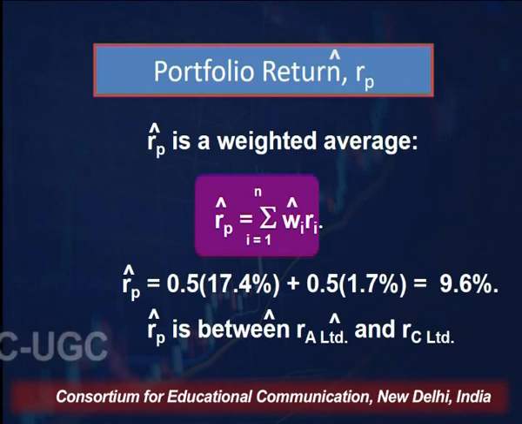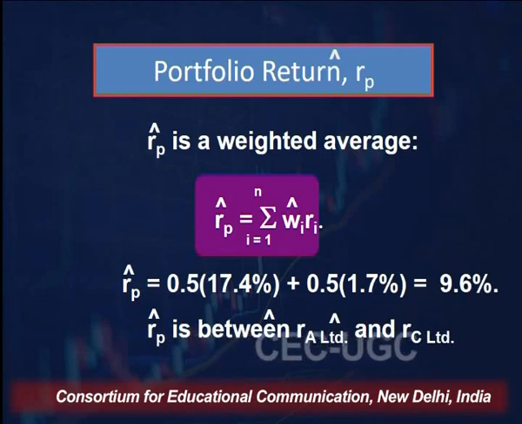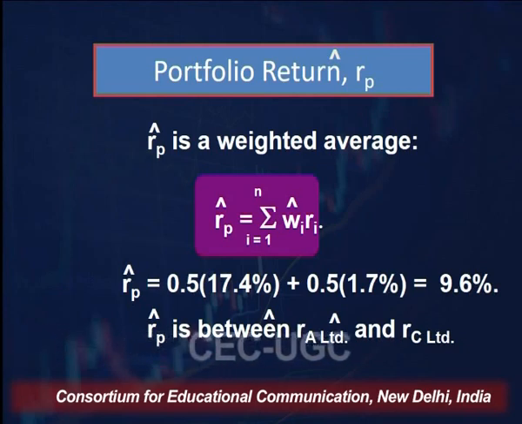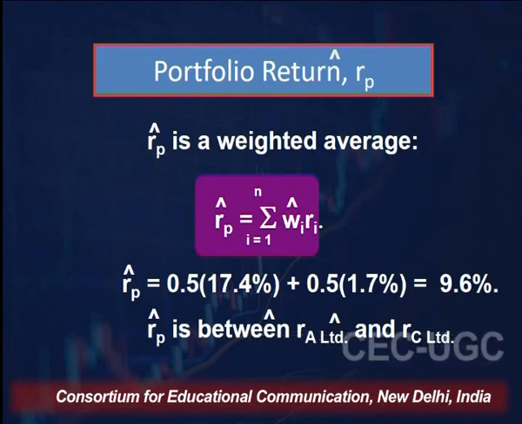And you can see that this expected return is falling between the returns of A and C. A gave us 17.4 and C is giving us 1.7. When we do an average, we come to a figure called 9.6, which is lying between these two figures.